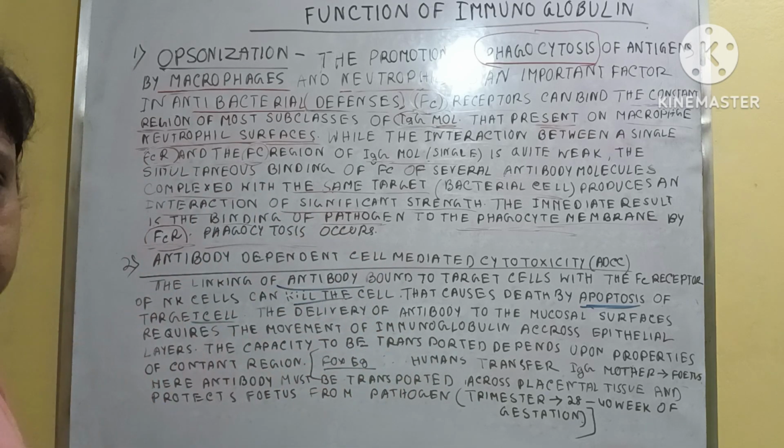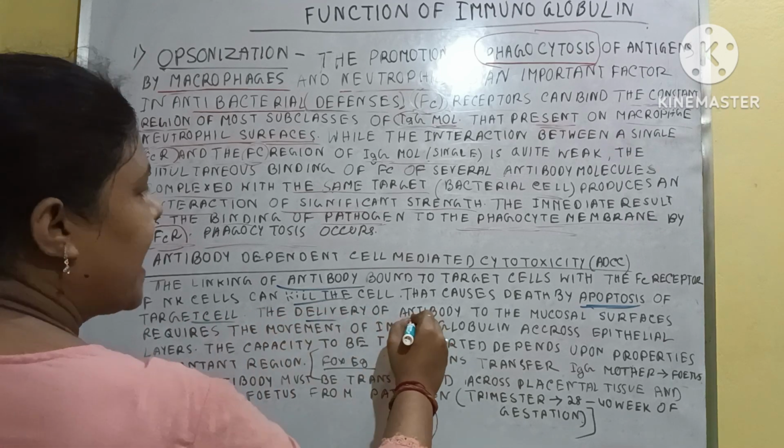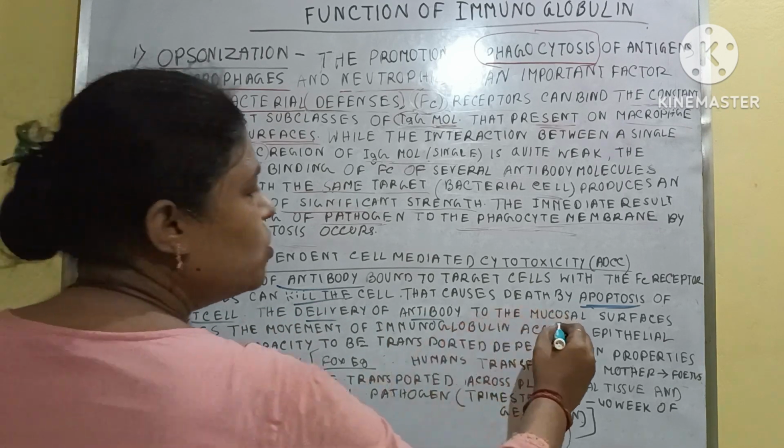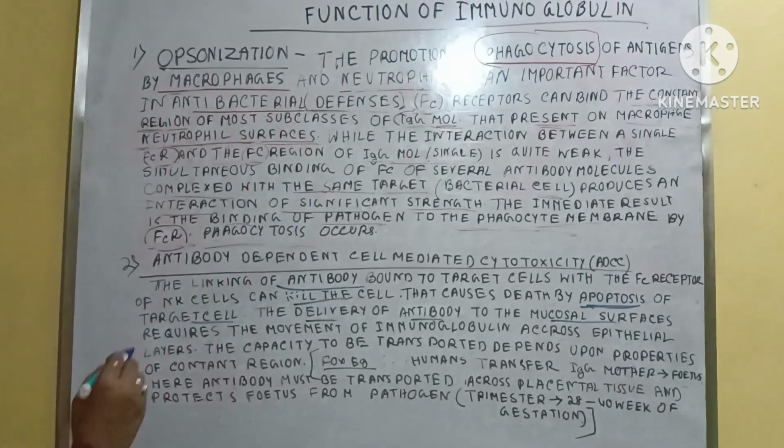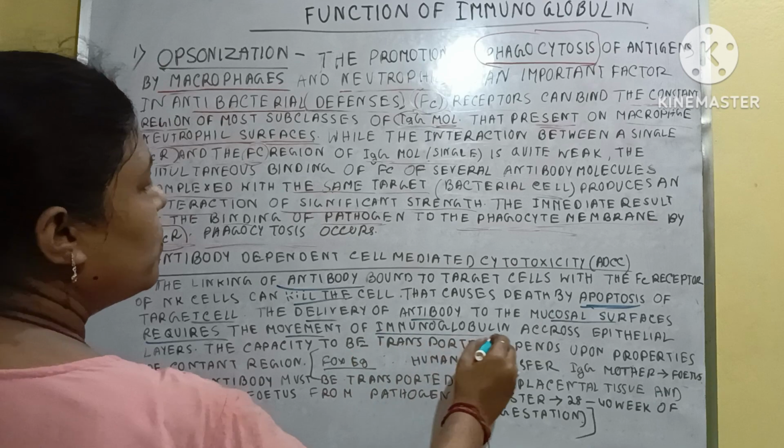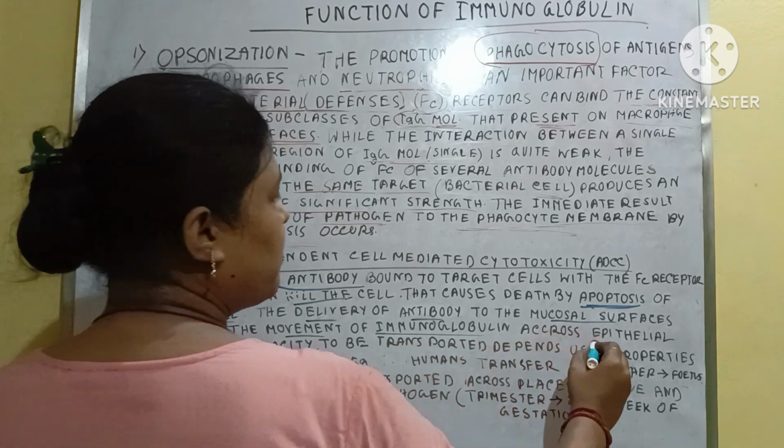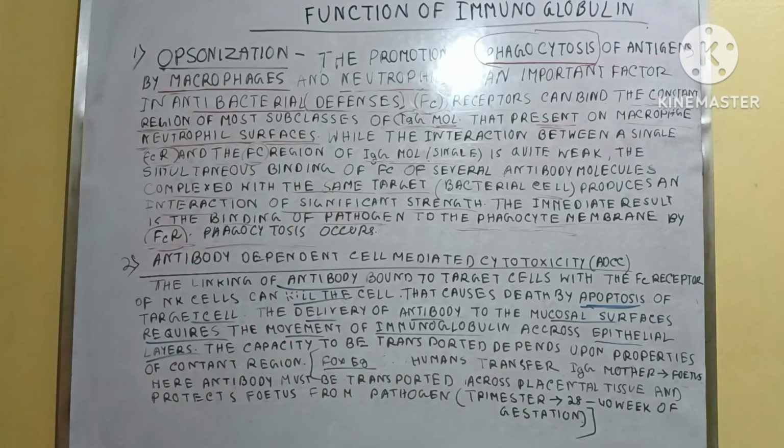Clear? So the delivery of the antibody to the mucosal surface requires the movement of the immunoglobulin across the epithelial layers.